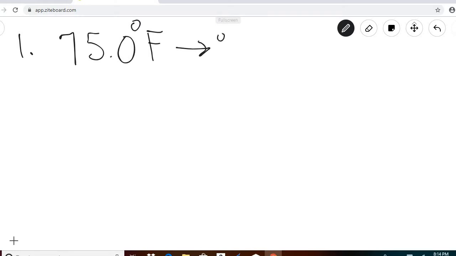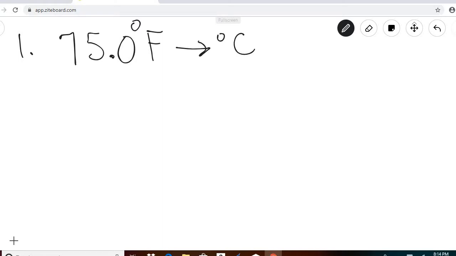Okay, we're getting ready to do Chapter 6, additional practice problems for chemistry. The first question is convert a temperature of 75.0 degrees Fahrenheit to degrees Celsius. You are permitted to have the formulas on your index card.